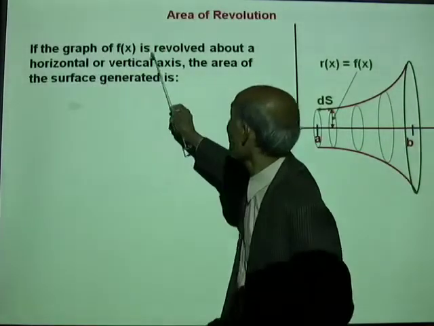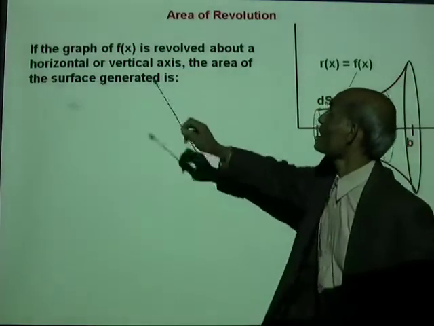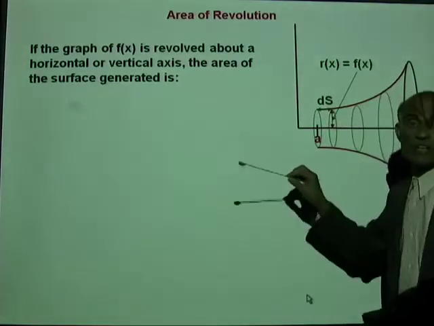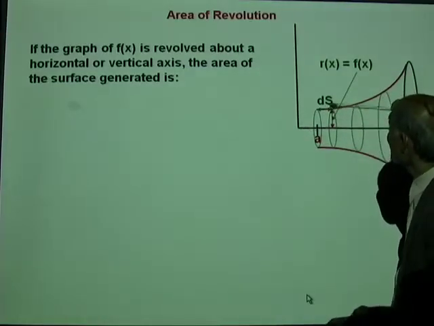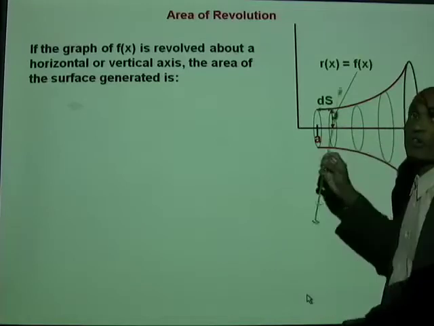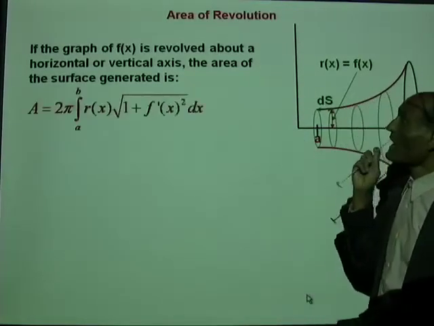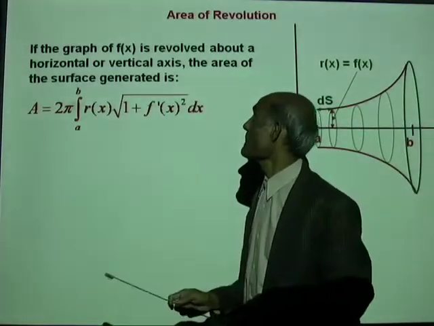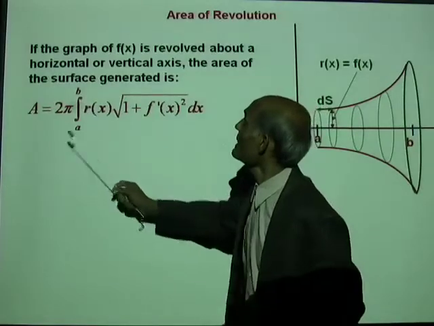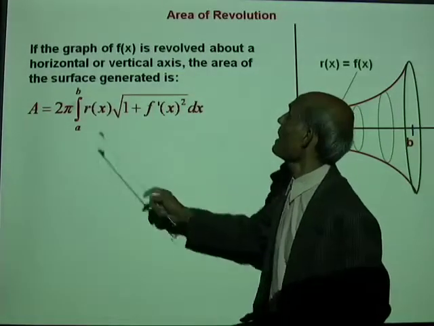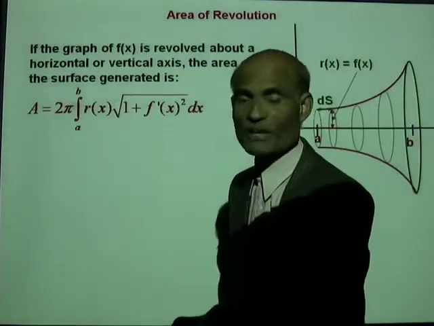If the graph of f of x is revolved about a vertical axis, you see the equation we developed so far is revolving the area about a horizontal axis. What happens if you revolve it about a vertical axis? What kind of area do you get? That will be 2 pi integral a to b r of x square root of 1 plus f prime x squared dx.